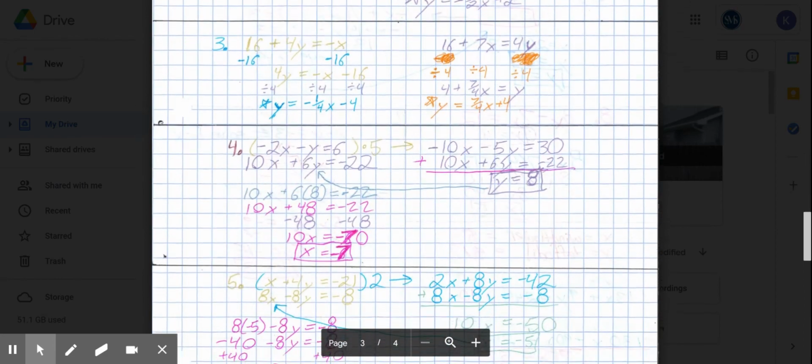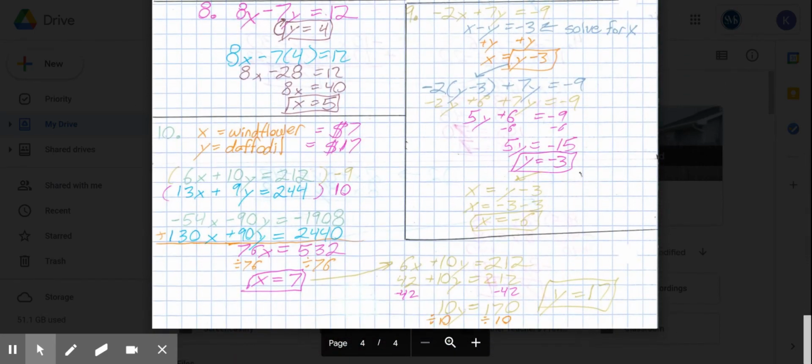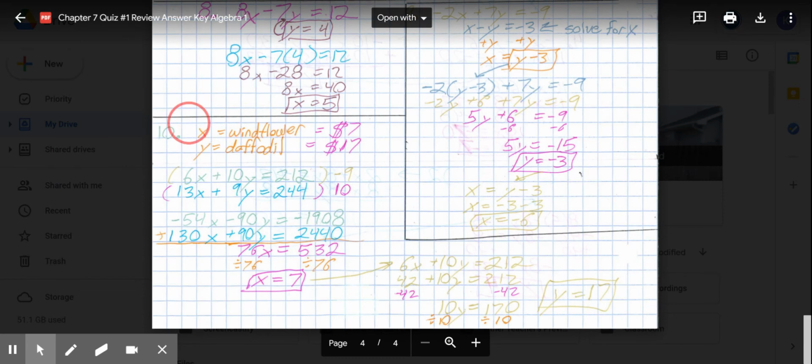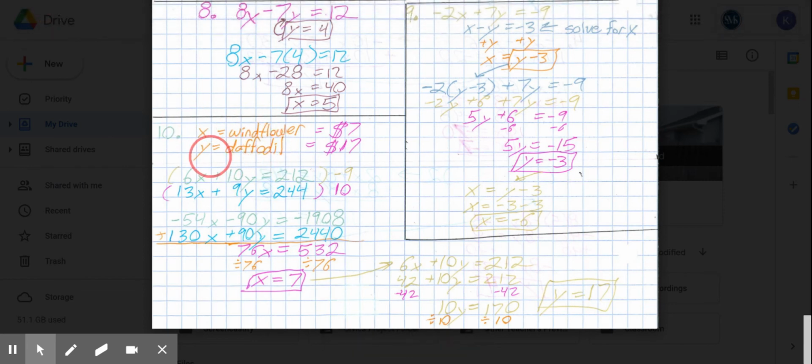To start, you want to choose a variable for each. Windflower bulbs, I made x. Daffodil bulbs were y. Now what I know is Amanda bought 6 windflower bulb bags plus 10 daffodil bulb bags and spent $212.